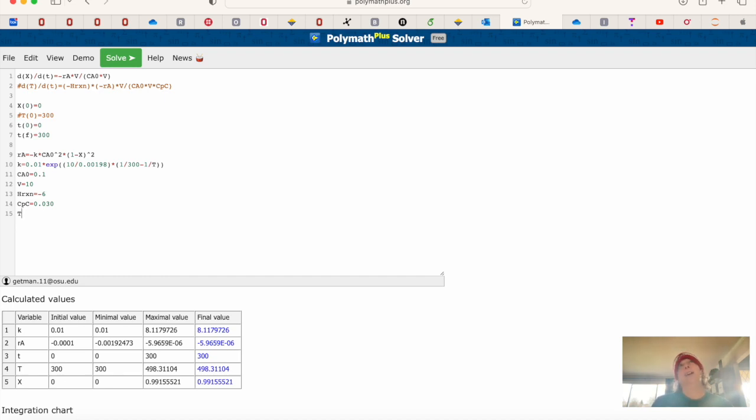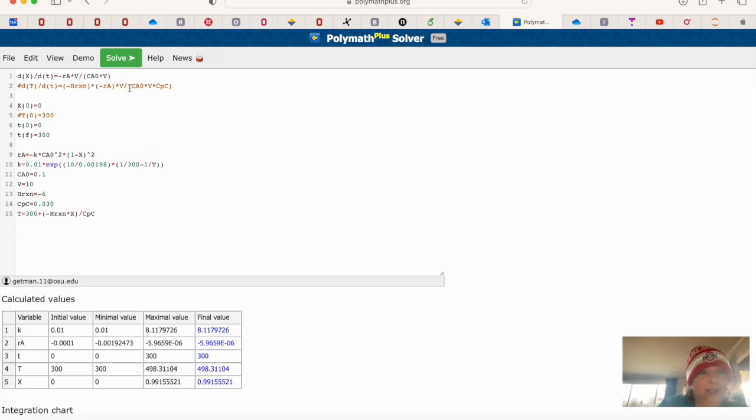When we have an adiabatic reaction, though, the only thing that affects the temperature is the reaction itself. So we can write a function for the temperature in terms of conversion. And so that's going to be T equals T naught, which in our case is 300, plus negative heat of reaction times X divided by, and then we'll have again our heat capacity term on the bottom. In our case, we're just going to put our CPC term.